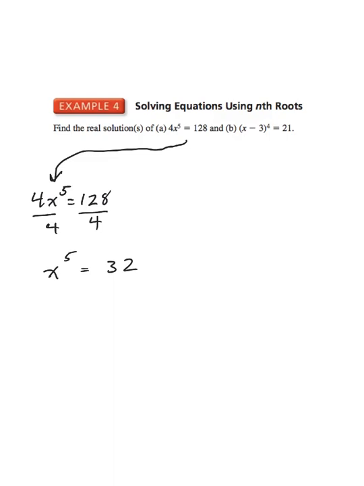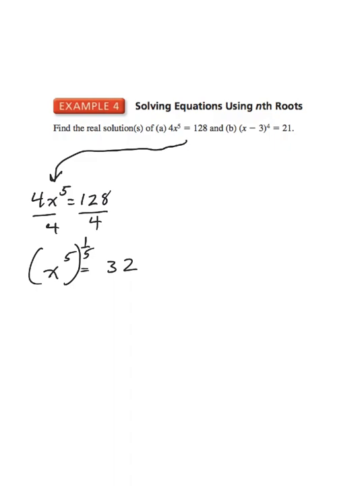Now, you're right, but I want to think about it a different way. Can I show you something? One of the ways I can solve this is to get x by itself. One way to get x by itself is to multiply the 5 by 1/5.